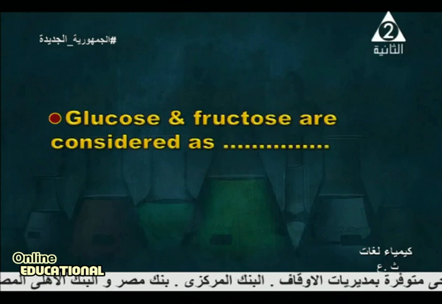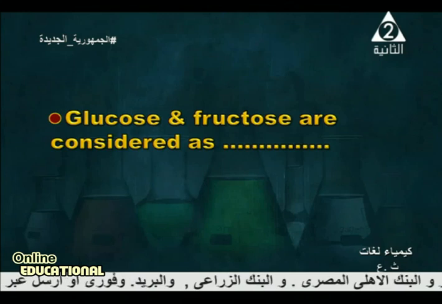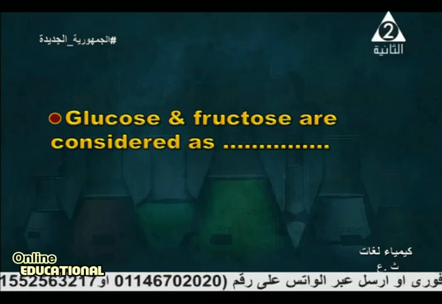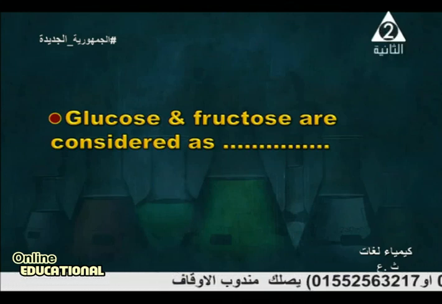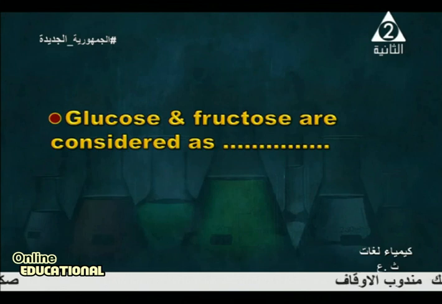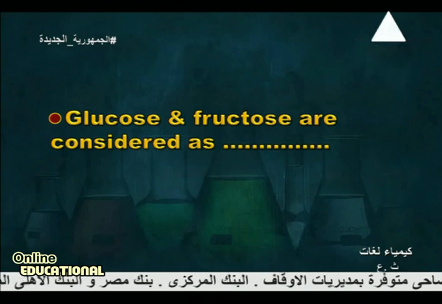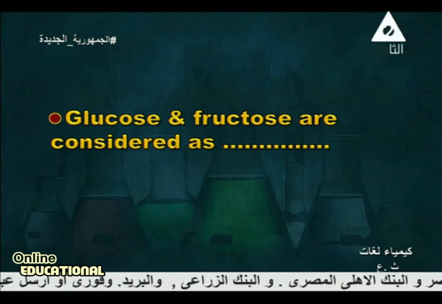Let's go and see. I have now glucose and fructose. What does this mean? Glucose, yes, I know, C6H12O6. Fructose, the same, C6H12O6. What is the difference? Glucose has an aldehyde group for carbonyl number 1. Fructose has C double bond O for carbon number 2.